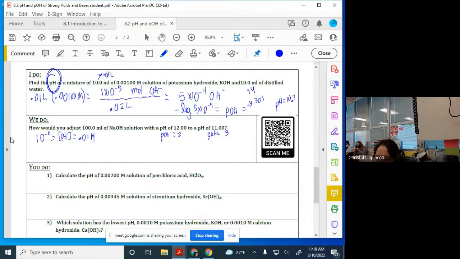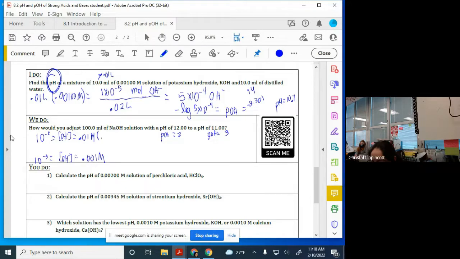I need to have my molarity at 10 to the -3 for OH. Right now, I have 100 mL.